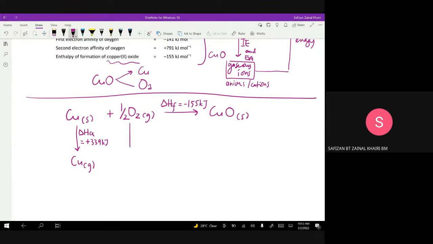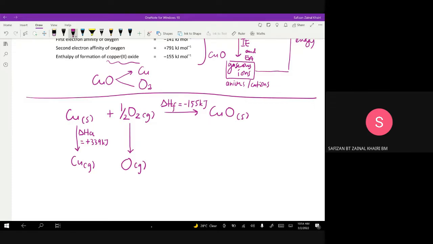Okay, next step, look at the oxygen. Okay, oxygen now is a gaseous phase, but it in the gaseous molecule. Okay, in the molecule form. So we have to change from the molecule form to the gaseous atom. So it become oxygen atom in the gaseous phase. And make sure each equation you write must be balanced.